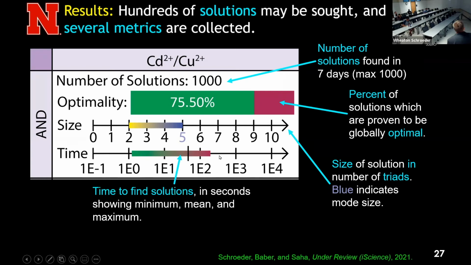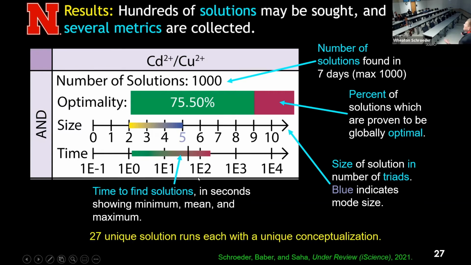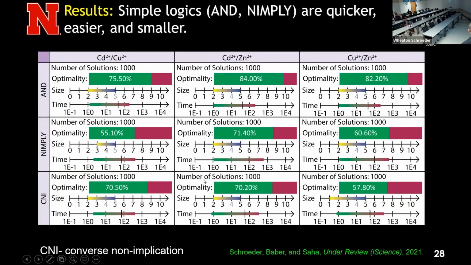Finally, time will also be reported here, including minimum, maximum, and this black bar representing the mean. We had 27 different circuit conceptualizations that we worked with to see how Eugene-SID behaves over a large number of solutions.